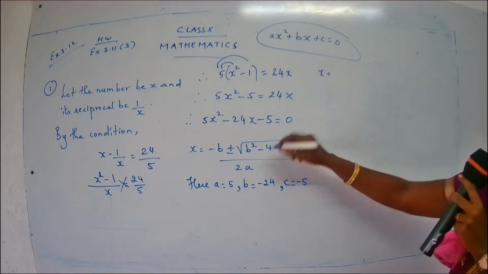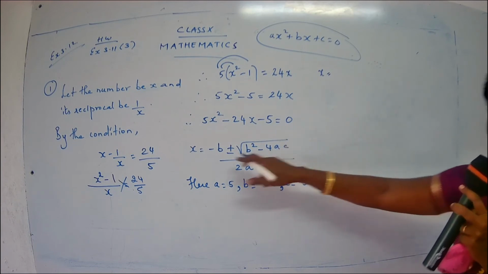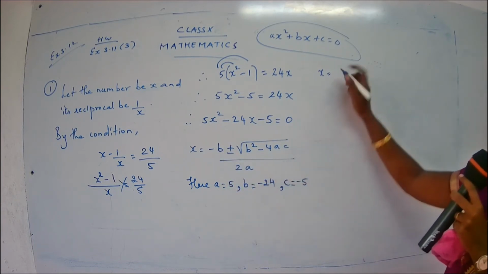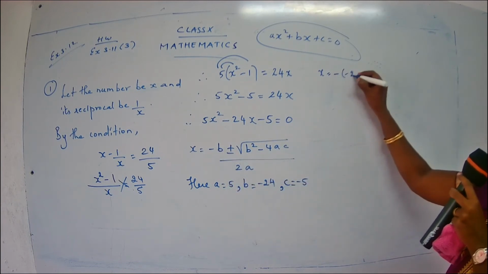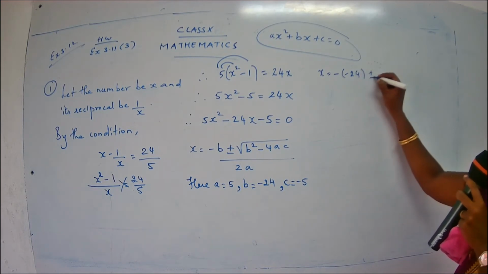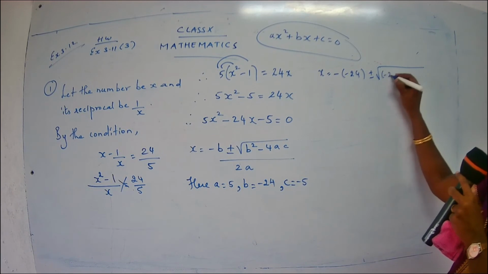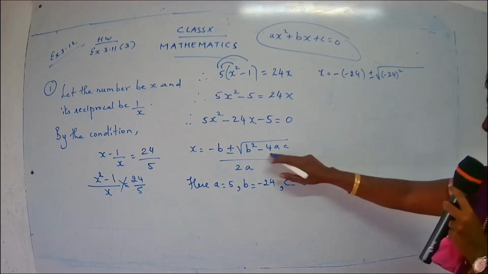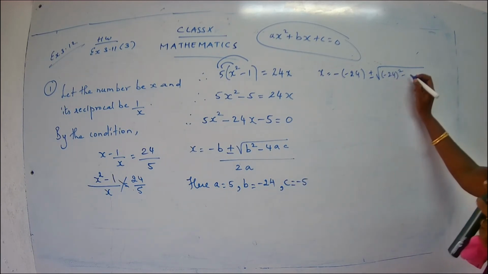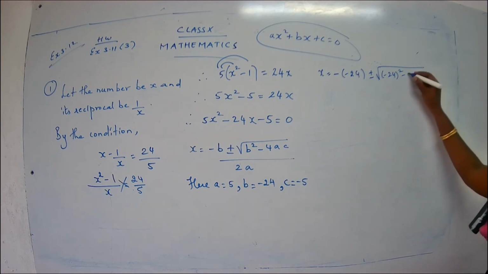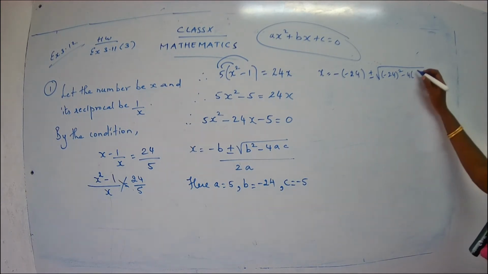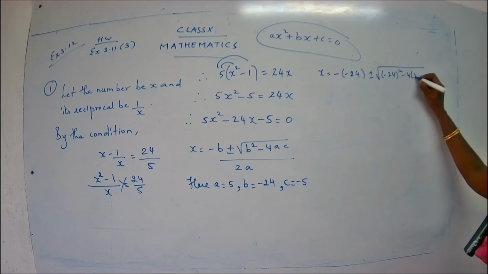So x is equal to minus b, so minus of minus 24 plus minus square root of b square, minus 24 square minus 4 into a into c. 4 into a, what is a? 5, that is 5, okay.